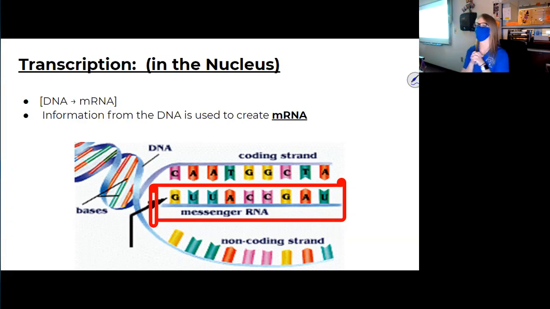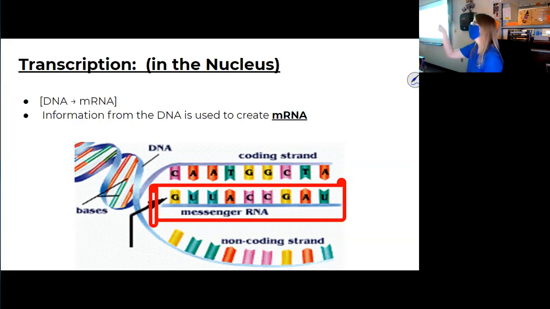So look at this picture of messenger RNA and tell me, what are two differences you see in that strand of nucleotides? One of y'all say one, say the other. Okay, so U goes to A, all right. What letter is missing from the RNA?